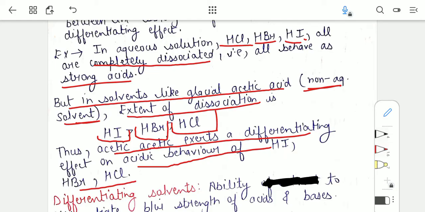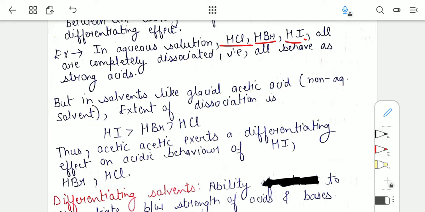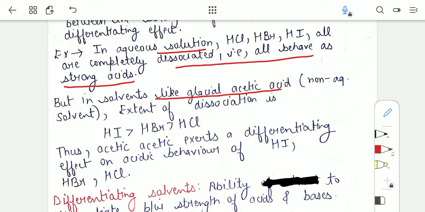I hope it is clear what is happening. In aqueous solution, all of these dissociate equally, and that is why they are all strong acids. But in glacial acetic acid, the extent of dissociation changes, and the extent of dissociation decides which is a strong acid and which is less strong.